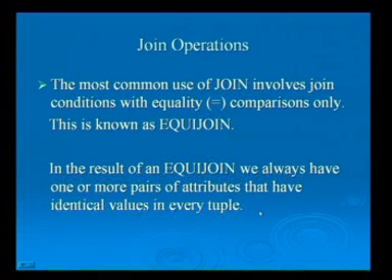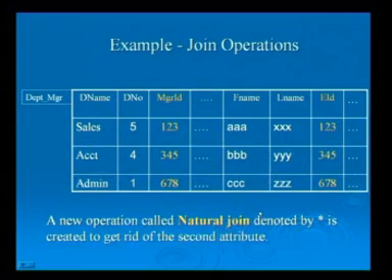That is the drawback of equijoin. To illustrate, you can see there is manager ID and employee ID, in a situation where the department relation has been joined with the employee relation.